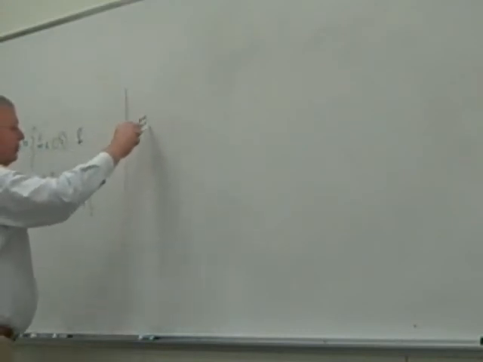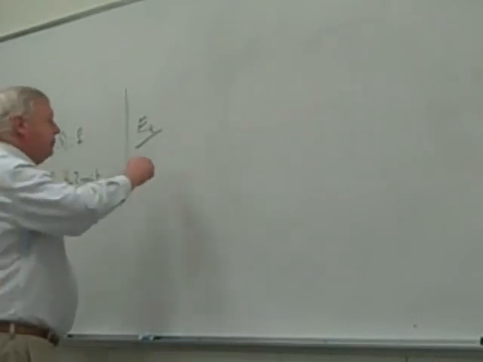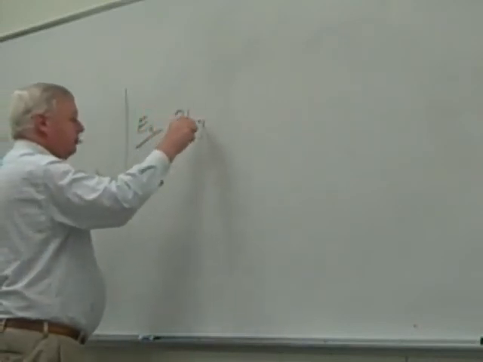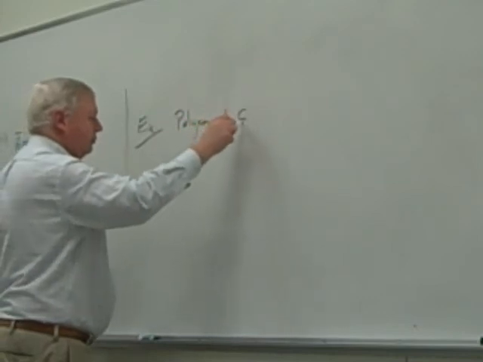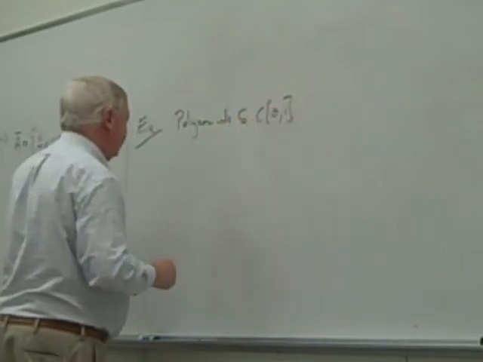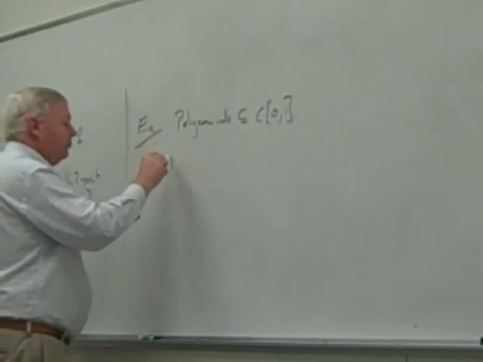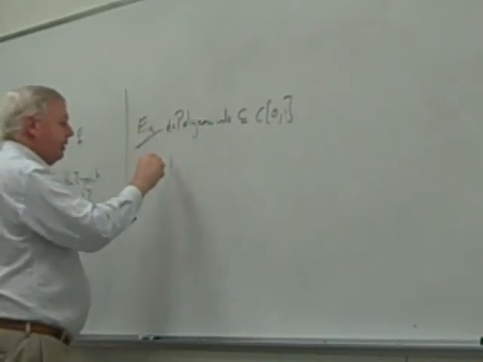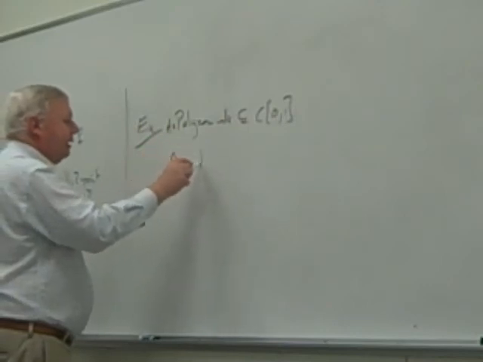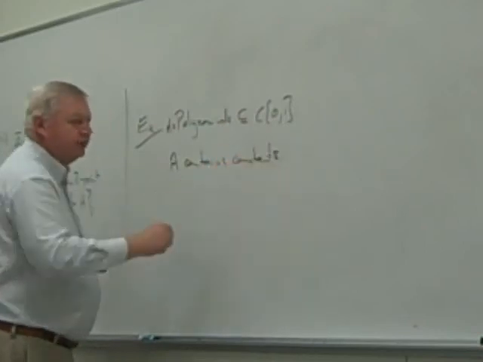So, almost out of time, but let's go back and look at the classical situation of polynomials inside continuous functions on 0, 1. So, A contains constants because the constant functions are polynomials.